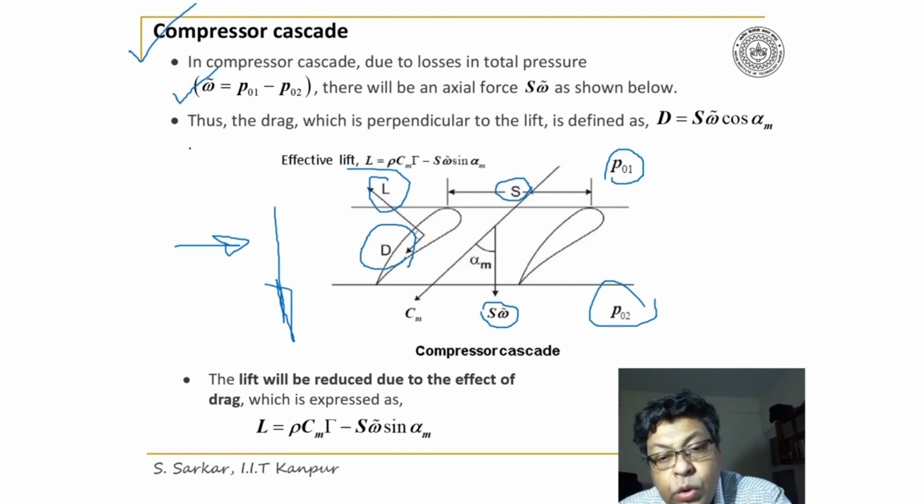Now this S into omega tilde, which is the axial force because of total pressure loss, will have two components. One will act parallel to Cm and one will be perpendicular to Cm.